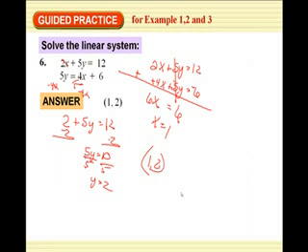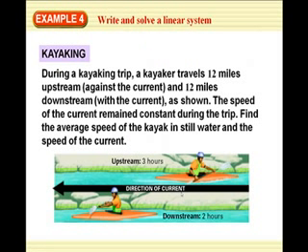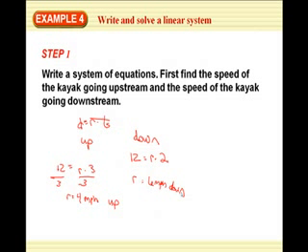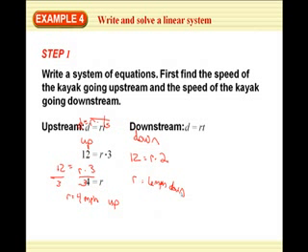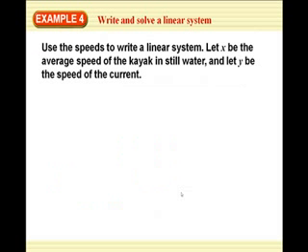We are supposed to find the average speed of the kayak in still water and the speed of the current. Let x be the average speed of the kayaker in still water.